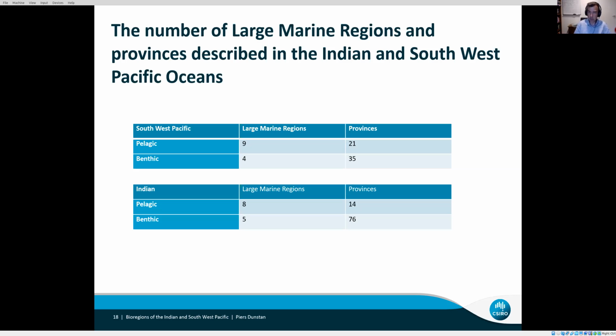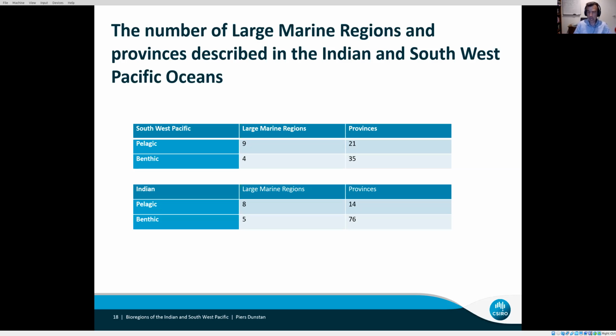In the Pacific we only dealt with the continental boundary on Australia and Papua New Guinea, and to a certain extent New Zealand. But in the Indian Ocean we had to include the continental boundaries for Australia and Indonesia, India and Sri Lanka, and then all down the east coast of Africa.